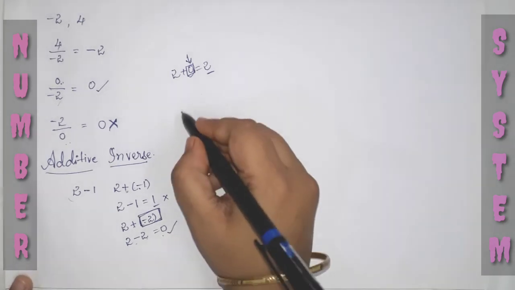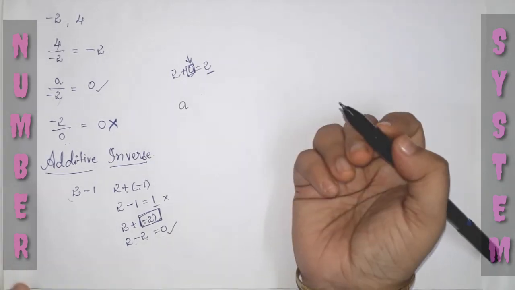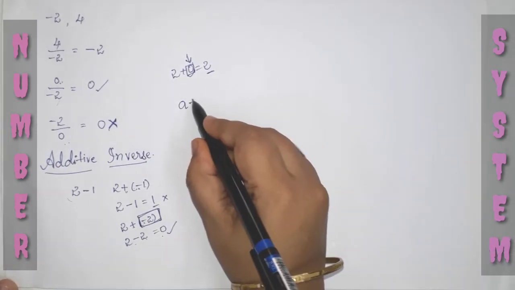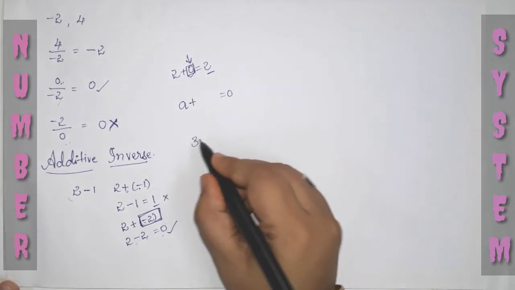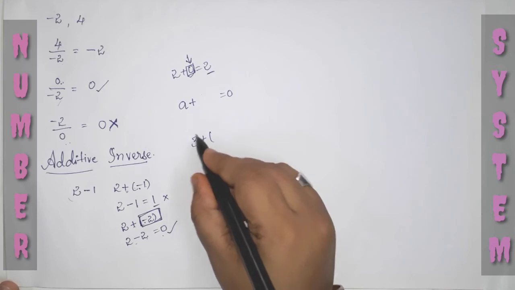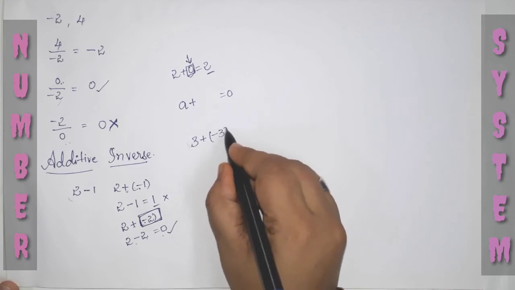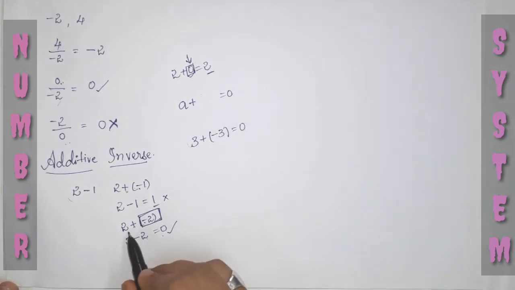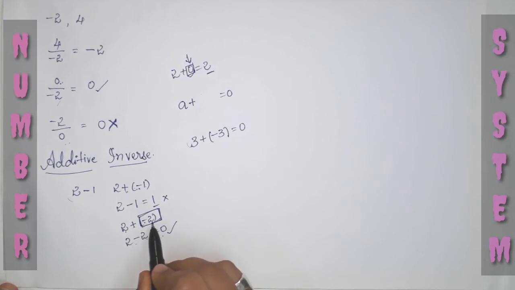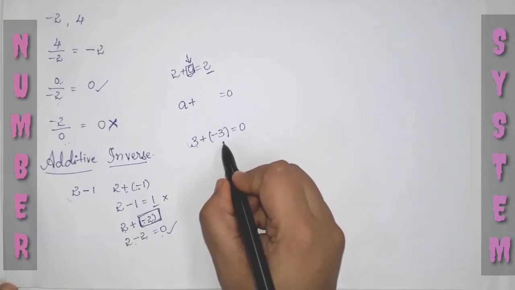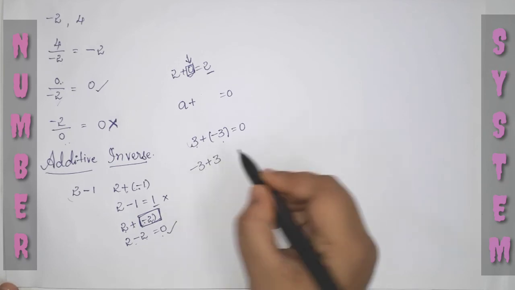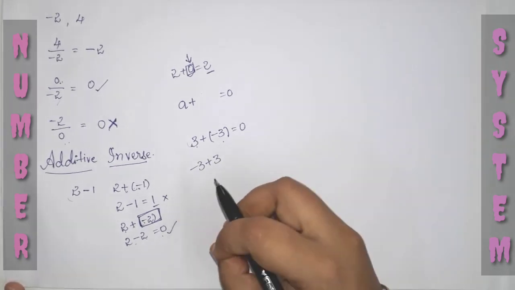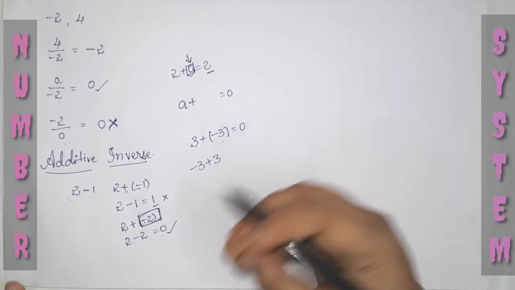If I am taking A, for this what do I have to add to get 0? Can you say? For 3, what do I have to add? Here plus 3, there you have to add minus 3. Then you will get 0. For 2 you added minus 2, here 3, here minus 3. If it is minus 3, you have to add plus 3. Whatever you are taking, for that you simply keep the opposite sign.